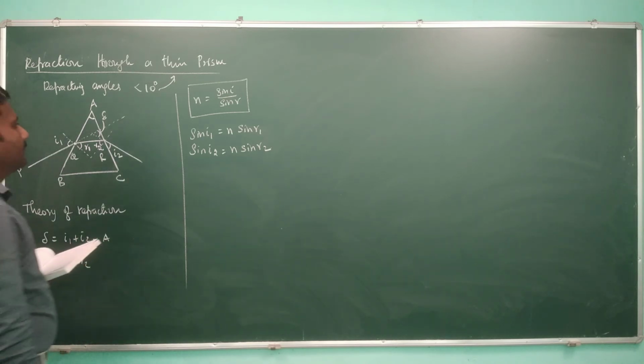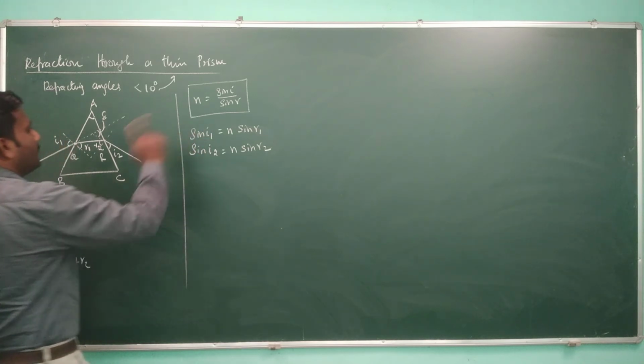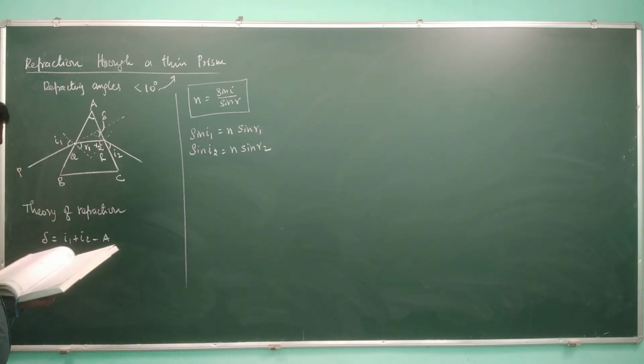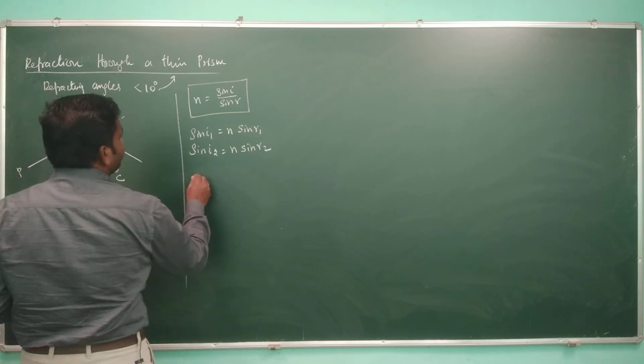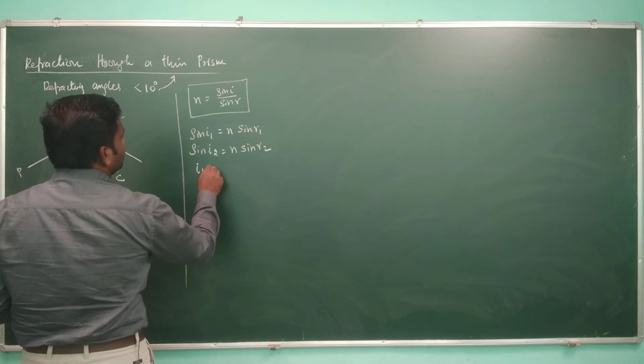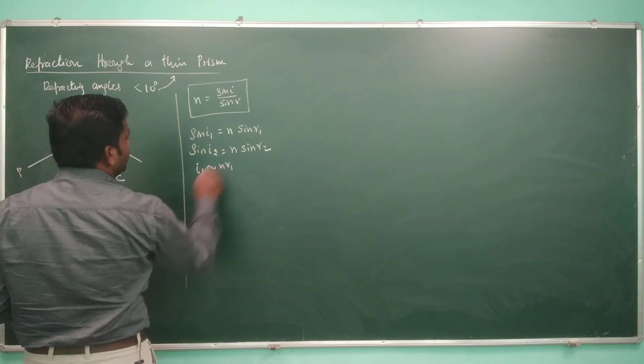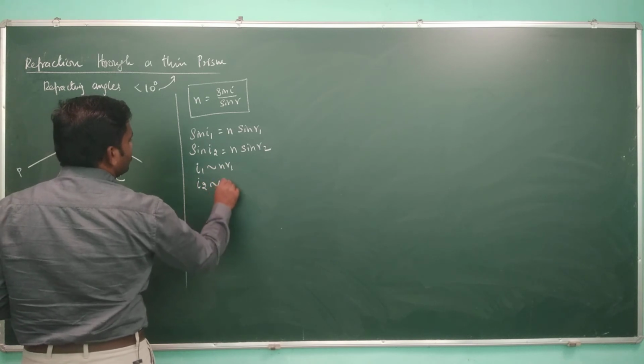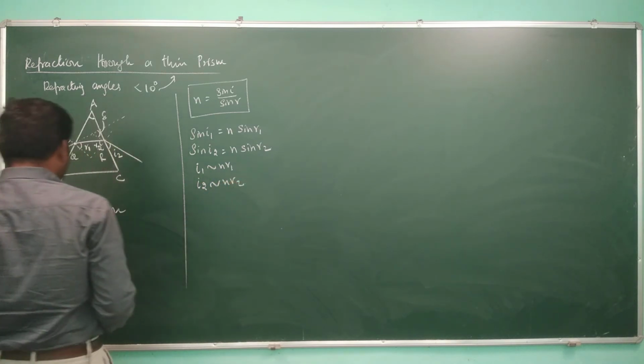For smaller angles, sines of angles will be considered as simply angles, so that i1 will equal n r1, i2 will equal n r2.